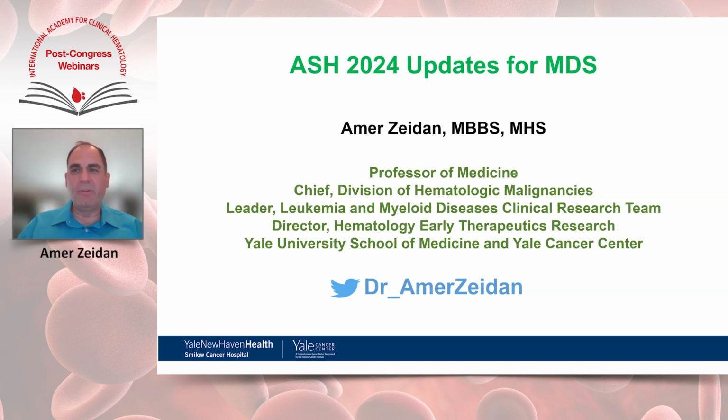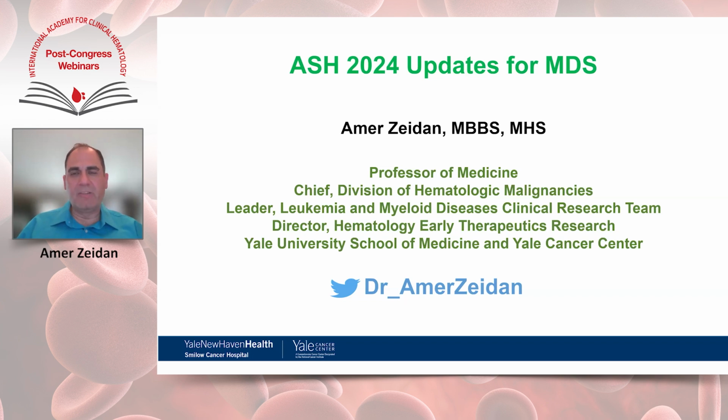And what I'm going to be doing today is providing some updates from the American Society of Hematology meeting that just took place last month in December in San Diego. Of course, these meetings are always full of a lot of amazing abstracts, and it's always a challenge to select a few of them to highlight.